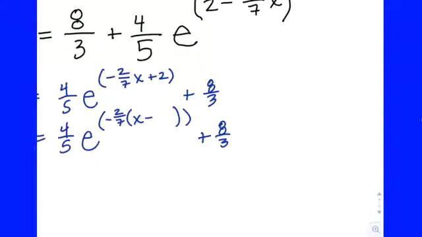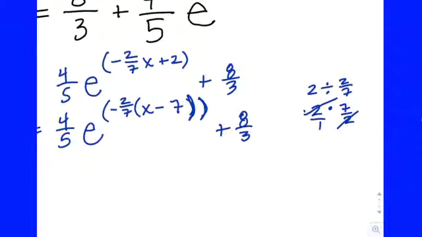When you factor out, you divide out. So we are dividing out a 2/7 from 2. So that's 2 divided by 2/7. And so we could do stay, change, flip, right? Stay, change, flip. And then you could put that over 1. And then what happens with the 2's? They divide out, and you're left with 7. Now notice I have 2 closed parentheses because I opened 2. I got to close 2.